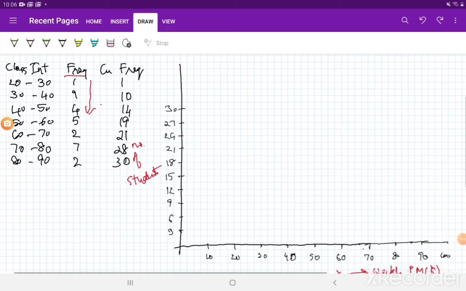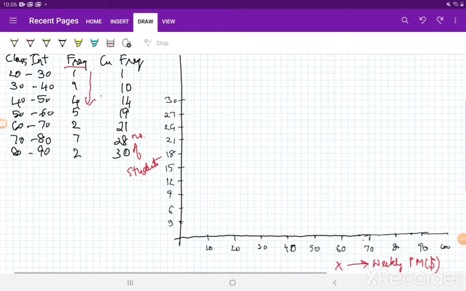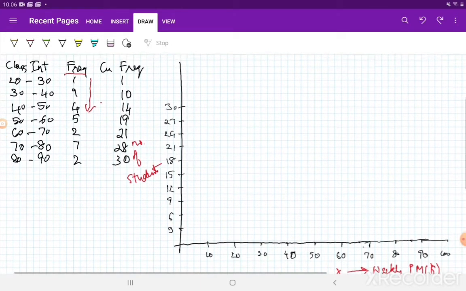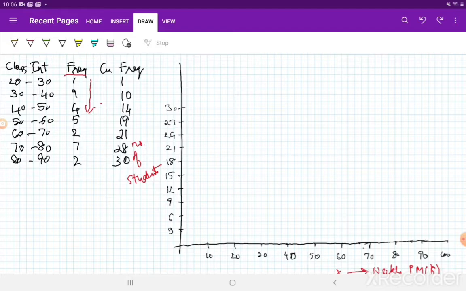As you can see, we have calculated the cumulative frequency. Once again, cumulative frequency corresponding to any class will tell you how many students have pocket money less than the upper limit. So if I'm looking at the class interval 40 to 50, the cumulative frequency 14 tells me that 14 students have pocket money less than $50.